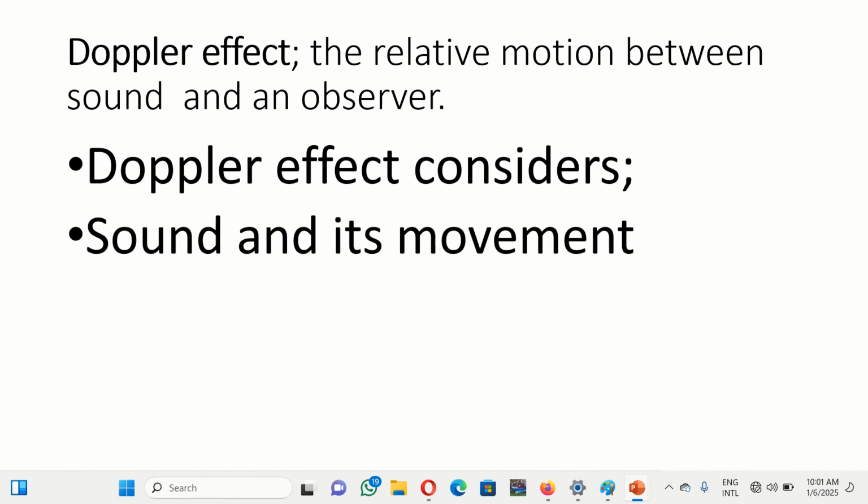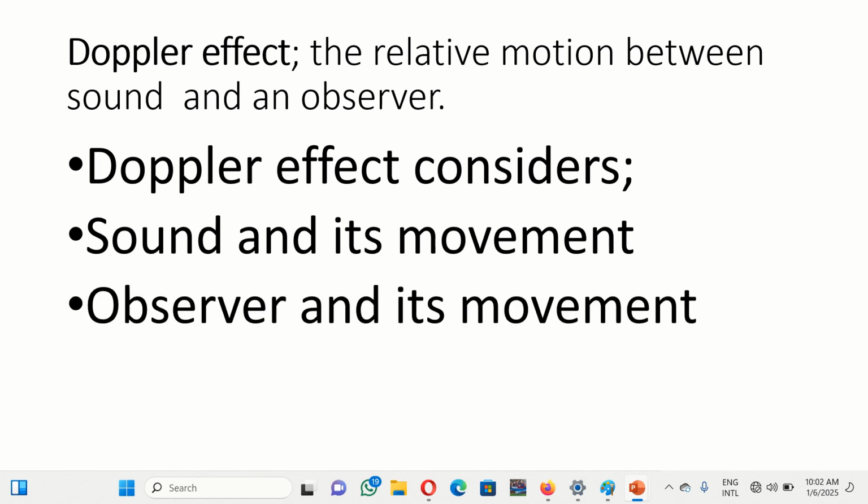The first being sound and its movement, and the second being the observer and its movement. Now, we are dealing with two things in the Doppler effect: sound and an observer, the movement of sound and the movement of the observer.